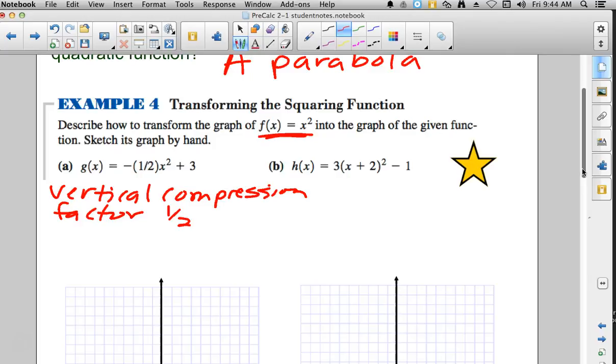What's a negative in front do? Reflect over the x-axis. How about the plus 3 in the back? What's it do? Translate up 3.